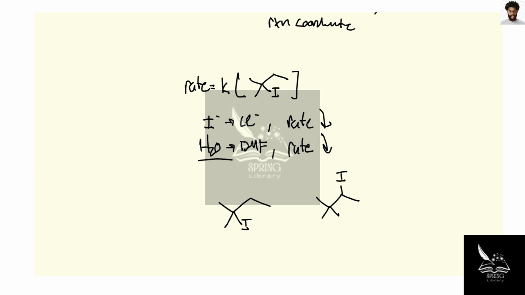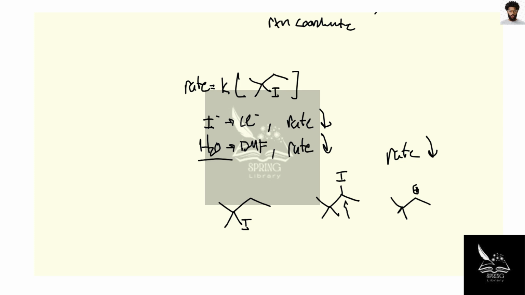And here the answer is yes, right? Because we've got to go through this secondary carbocation intermediate in that case, right? Once again, we'd be decreasing the stability of the carbocation intermediate, okay? And the rate would decrease.